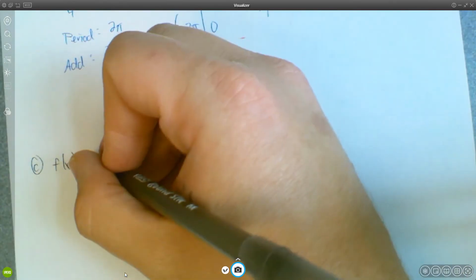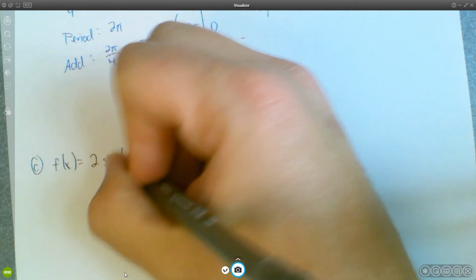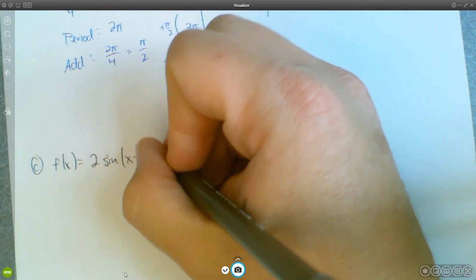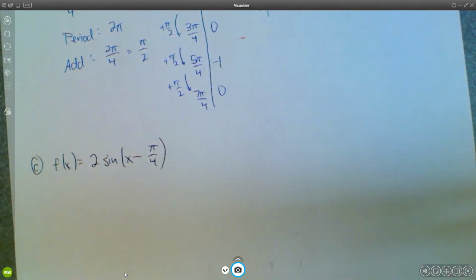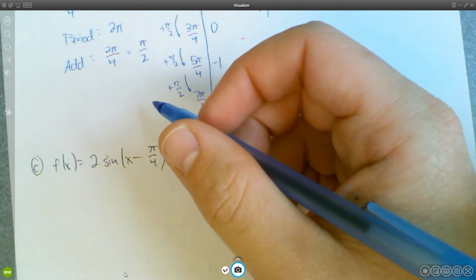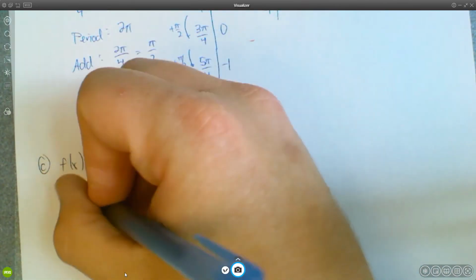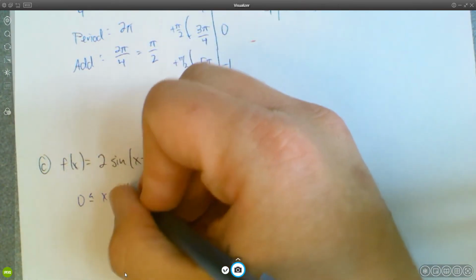Let's do f of x equals 2 sine of x minus pi over 4. So this starts off the same way.